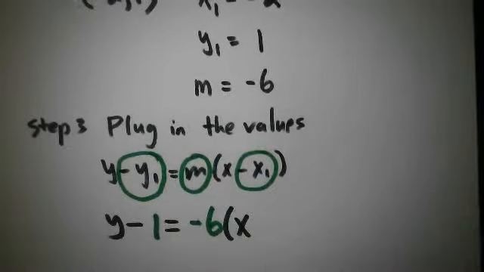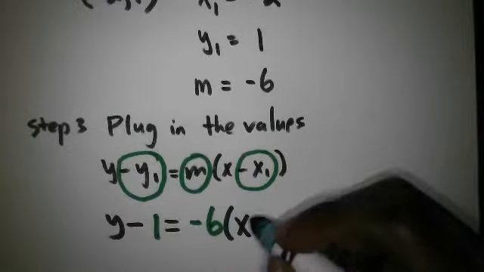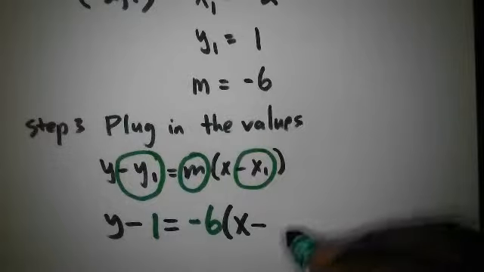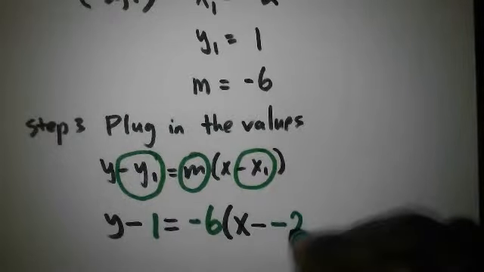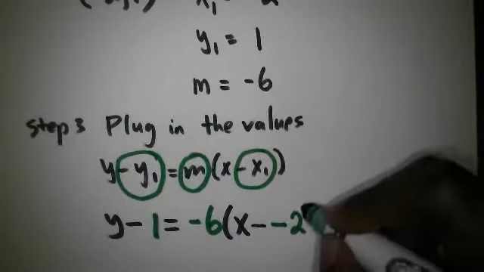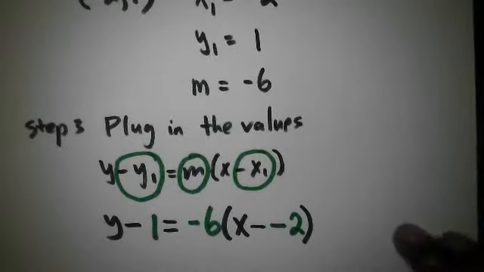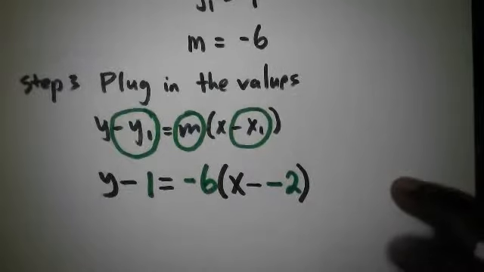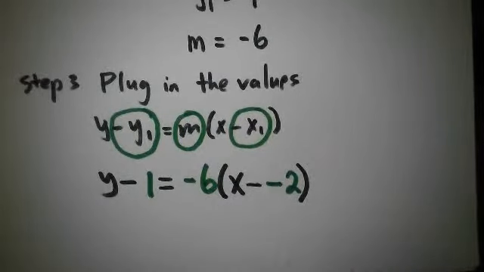We don't change that x, but we will change this x, so x minus, this would be -2. You guys see this? We got y minus 1 equals -6 times x minus -2.